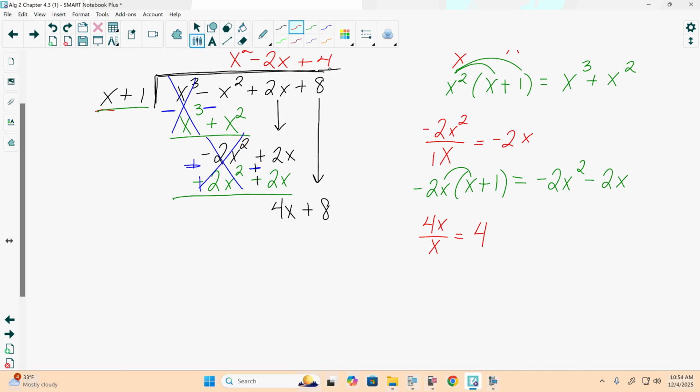That's telling us what our result is going to be. And just like before, we're going to take that 4 and multiply it through what's outside. So we have to take 4 times our x plus 1. 4 times x is 4x. And 4 times 1 is plus 4.